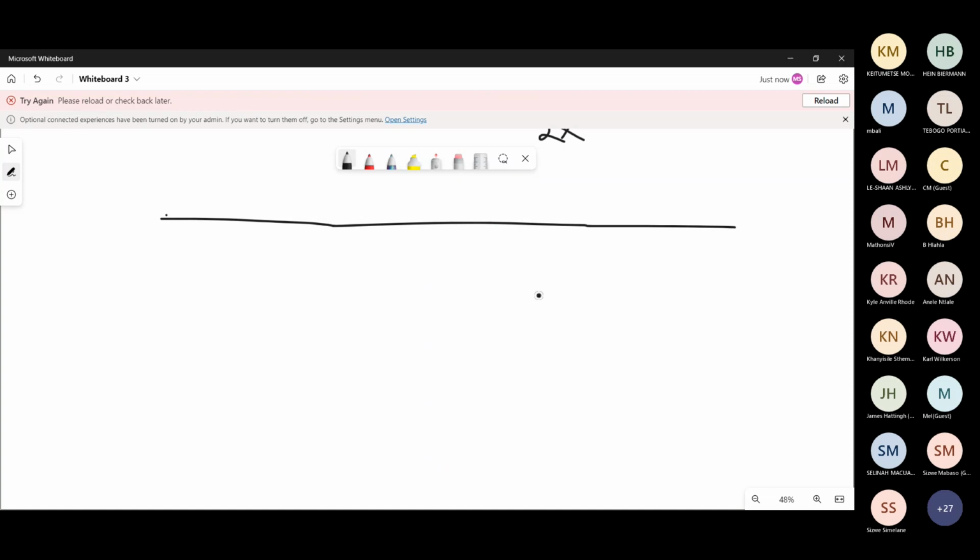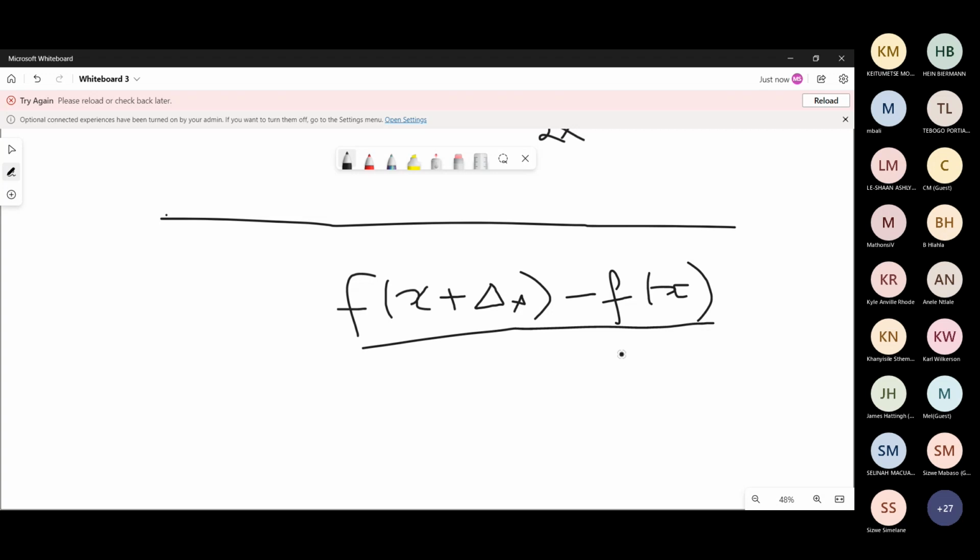Here we have f of x plus delta x, a change in the value of x, minus f of x, and you divide by delta x, the difference.